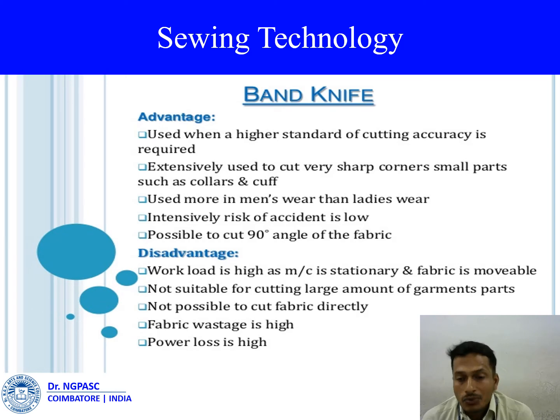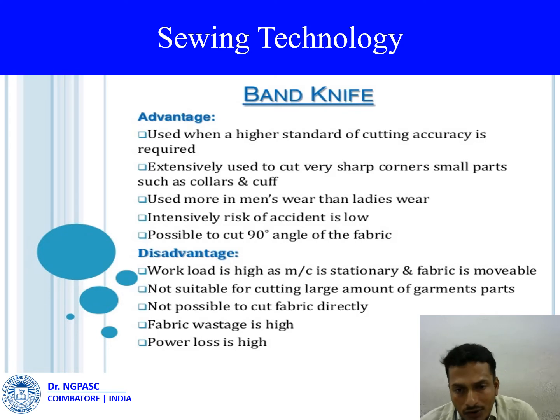It is suitable for armholes and necklines. It is used more for men's wear than ladies wear. The risk of accident is low, and it is possible to cut 90-degree corners.